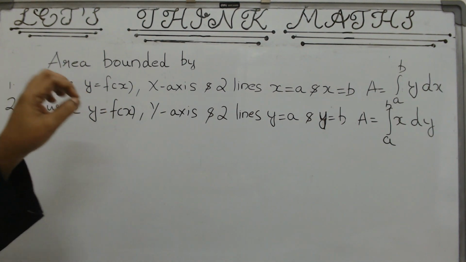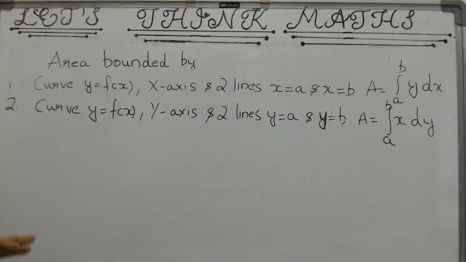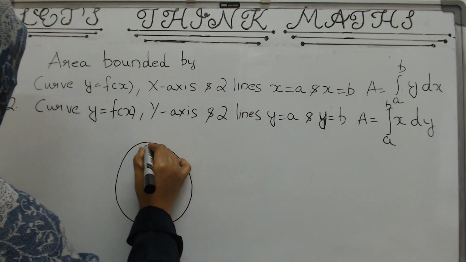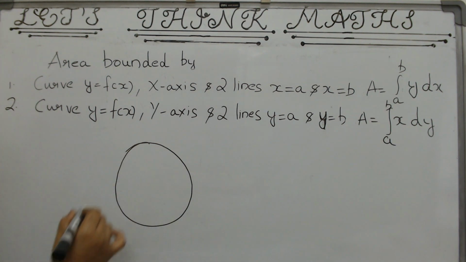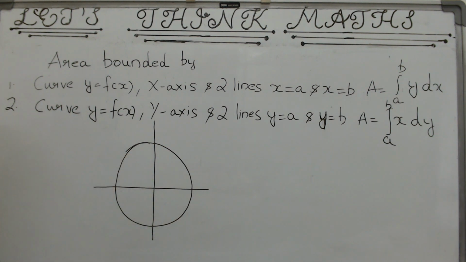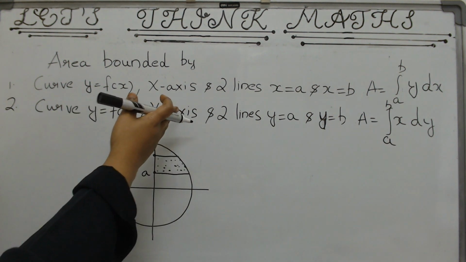This time we are going to ignore x and get it completely in terms of only y. So how will we do that? There you have your circle, and there you have your x-axis and y-axis, but this time remember we are taking from the y side. So this is our second condition.